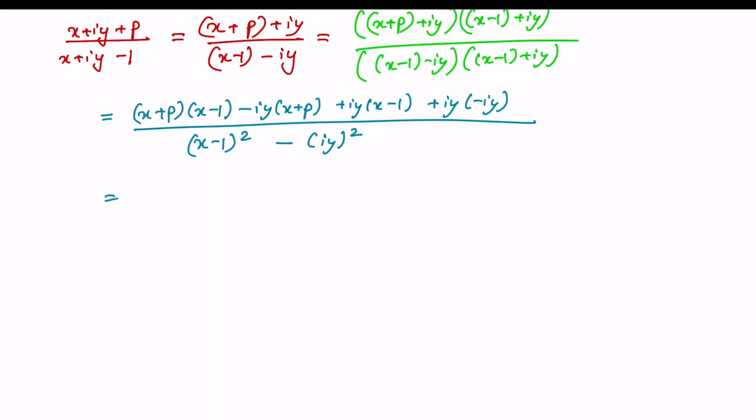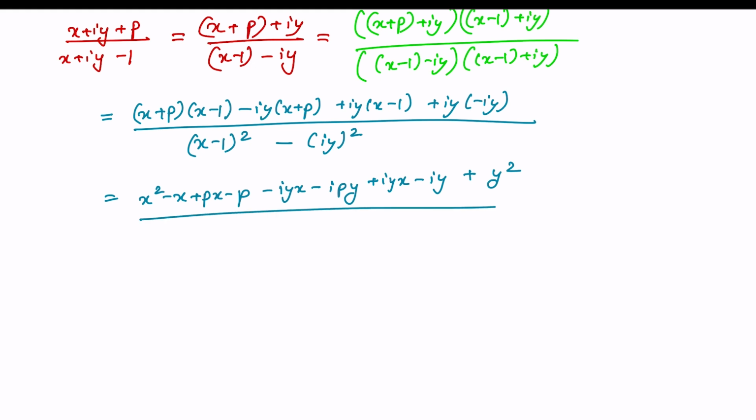Now we have to expand everything, unfortunately. So x squared minus x plus px minus p minus iyx minus ipy plus iyx minus iy and minus i squared y squared. Now i squared is equal to minus 1, so we can directly make it plus y squared. The denominator is x squared minus 2x plus 1 plus y squared.